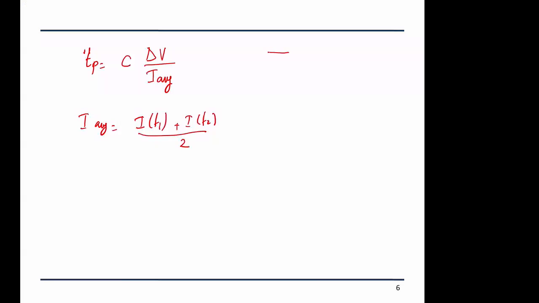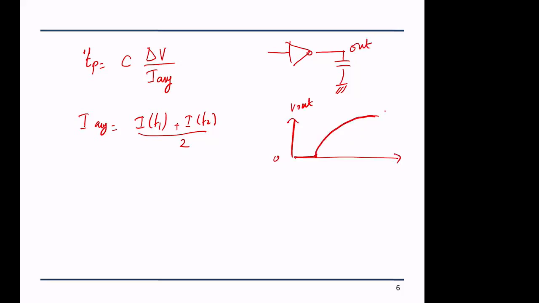For example, if I have an inverter driving a capacitor, and I know that V out, which is the same as the V capacitor, is going to move from 0 all the way to VDD, or from V init to V final, then I measure the delay. This is time point T1, this is time point T2.